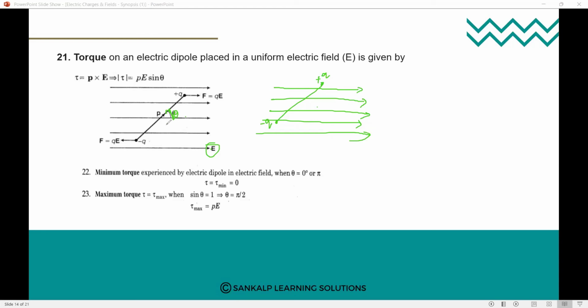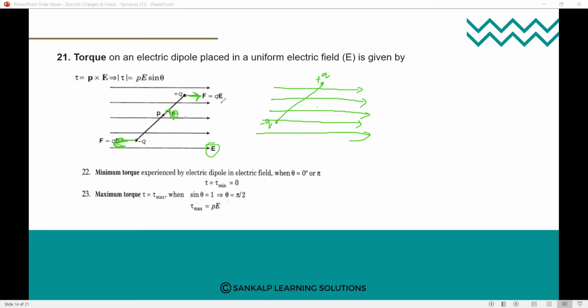Okay, what happens here, students? See, here minus q charge is there. Because the electric field is there, it will experience a force along this direction. The minus q charge experiences a force along this direction, and the plus q charge experiences a force along this direction.